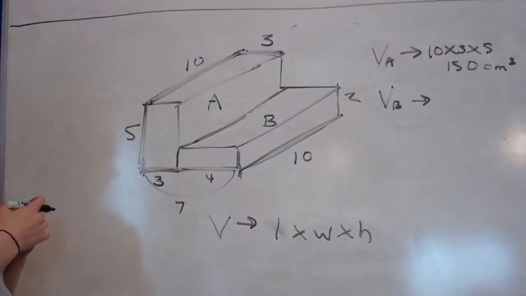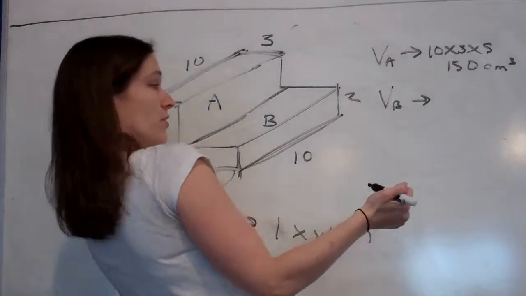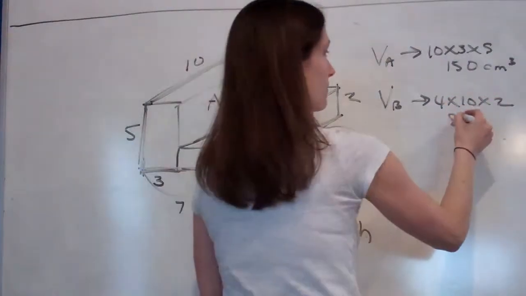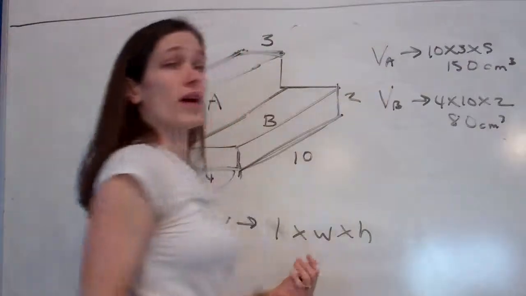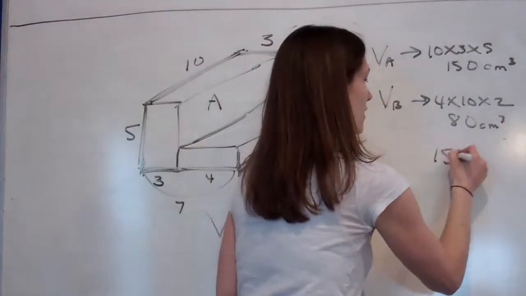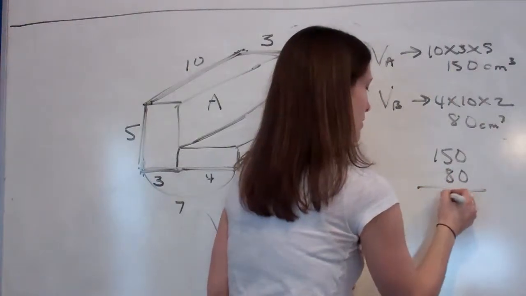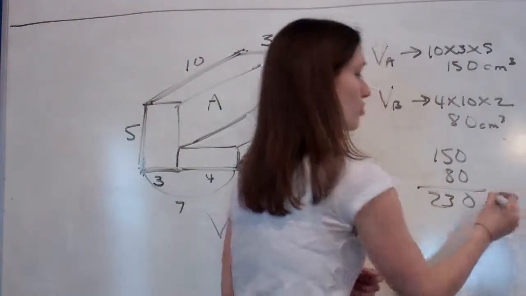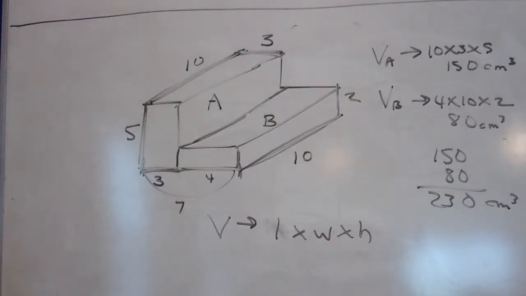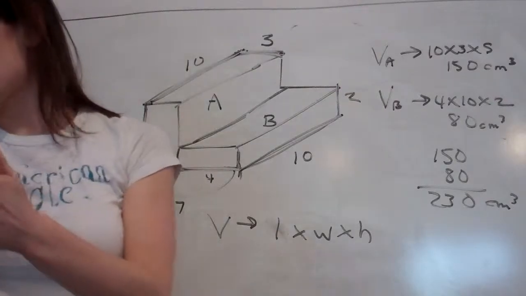Keegan? 4 times 10 times 2, very good, which would be 80 centimeters cubed. And then what do I do with these problems? You add them up. So 150 plus 80 is 230 centimeters cubed. That's how you do that. Everybody feel like they understand it? Good stuff. That is lesson 95.